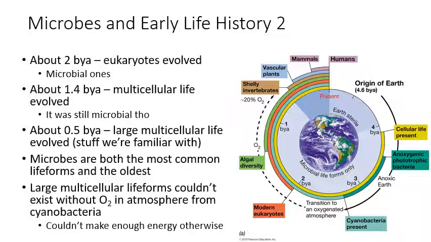Which means that microbes have been the only type of life on the planet for the majority of the history of the planet, and they're the most abundant type of life on the planet. So really, life on Earth is, in some sense, mostly microbial. Well, actually, in many senses, mostly microbial.